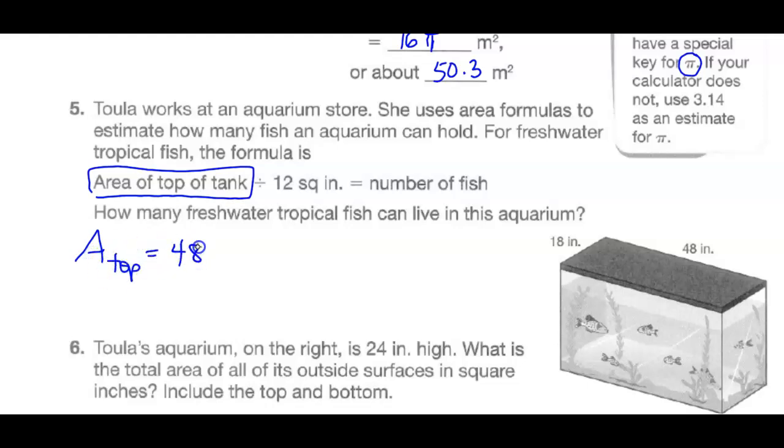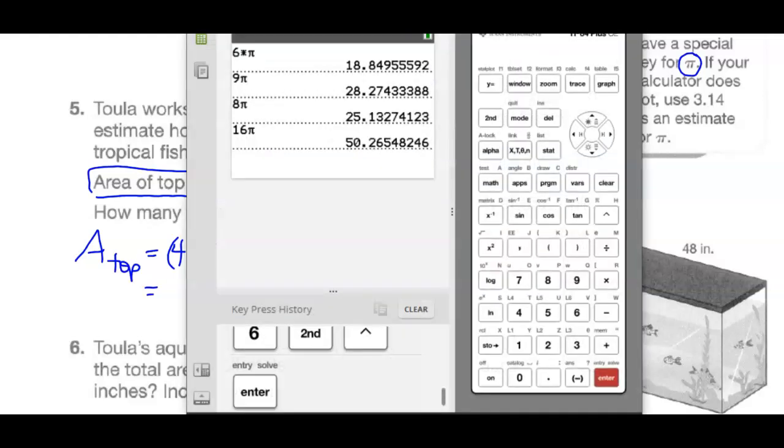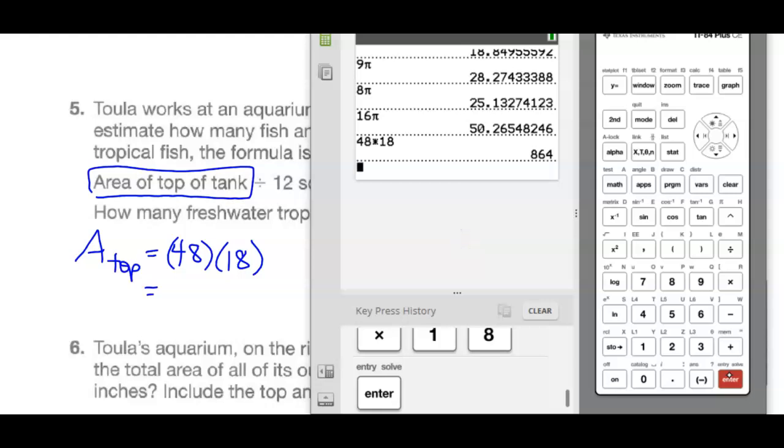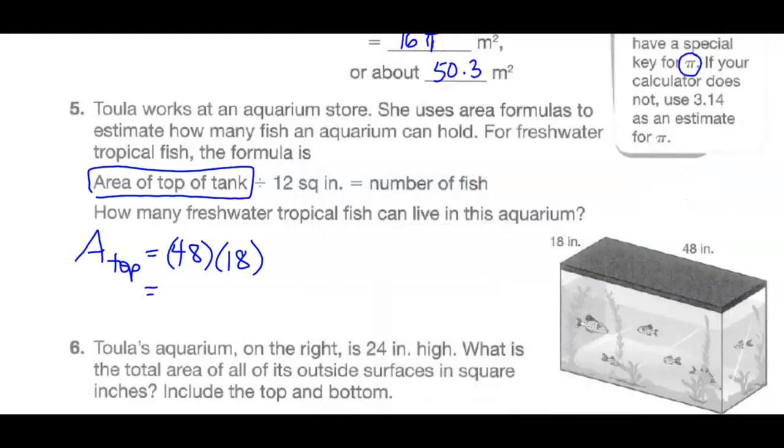So area of the top is length times width. So I put them in brackets this time. That means multiplying as well. So 48 times 18 is 864. Okay, and so now we want to divide by 12.